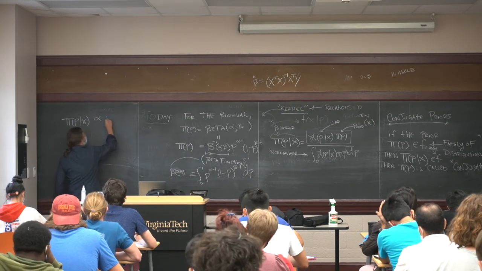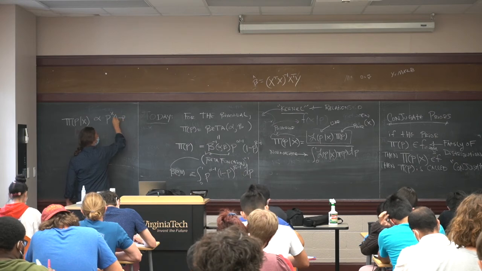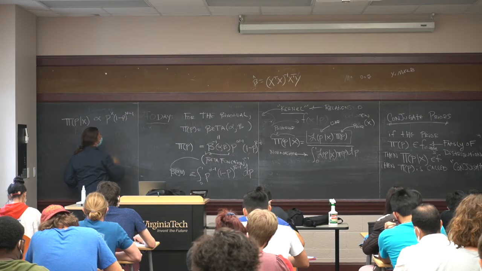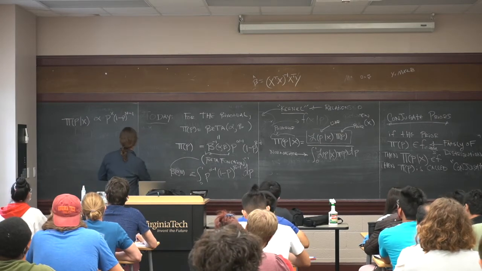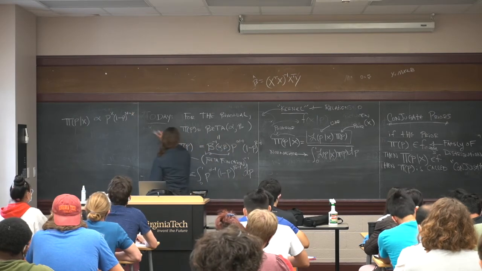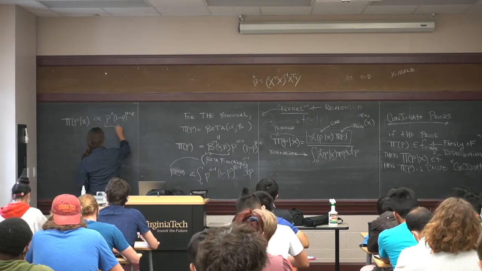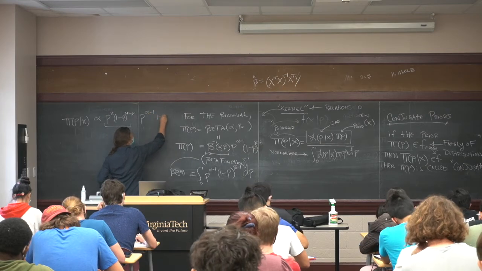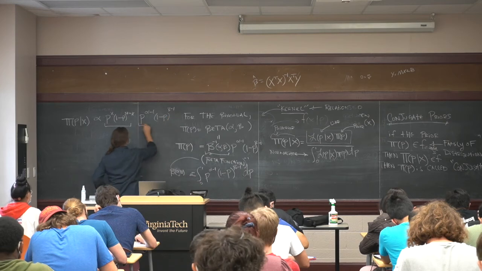So this is going to be p to the x, 1 minus p to the n minus x, times p to the alpha minus 1, 1 minus p to the beta minus 1. This is my prior.